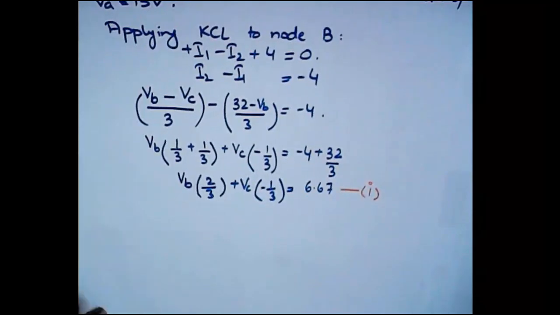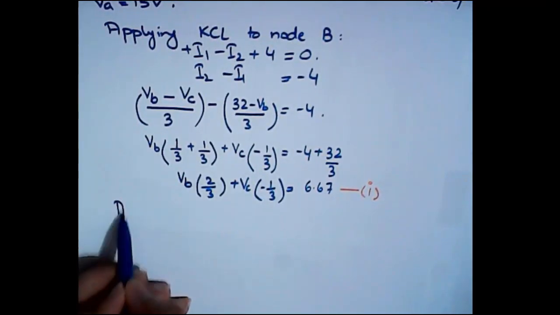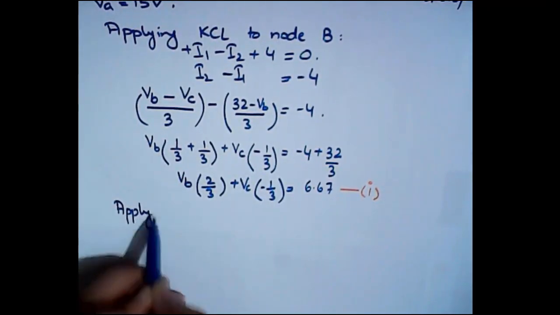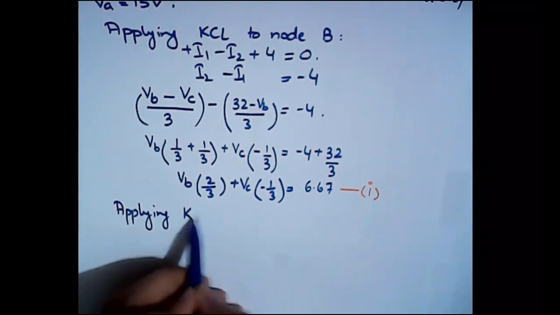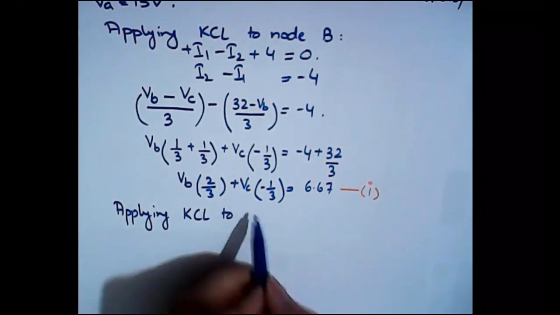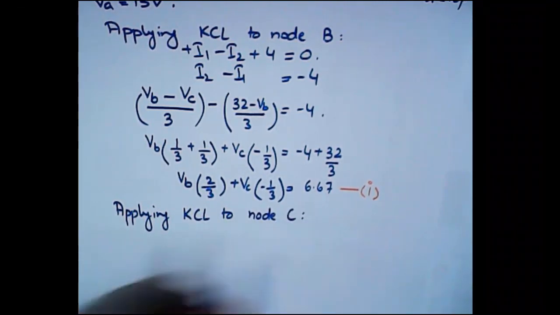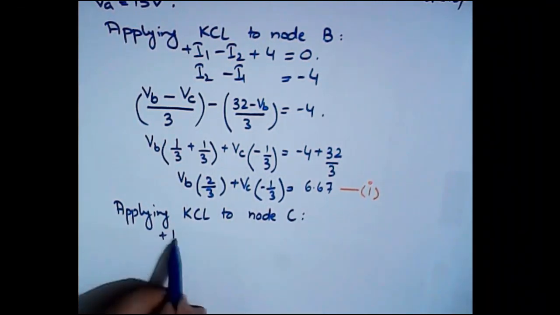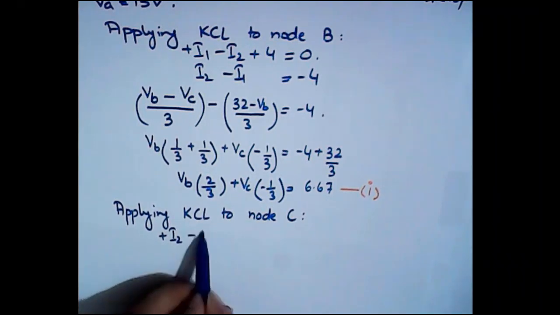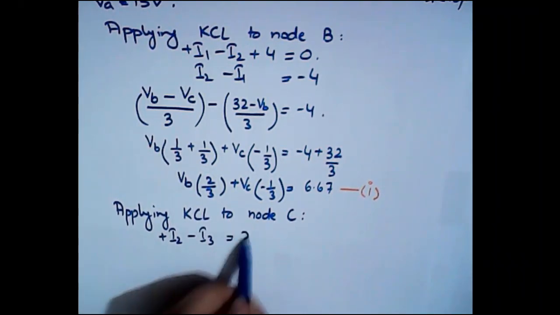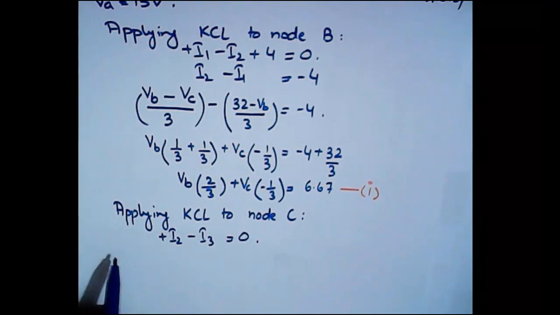what we just need to do is write, applying KCL to node C, and since I2 current is entering, it's plus I2, I3 is leaving, minus I3 is equal to 0, right?